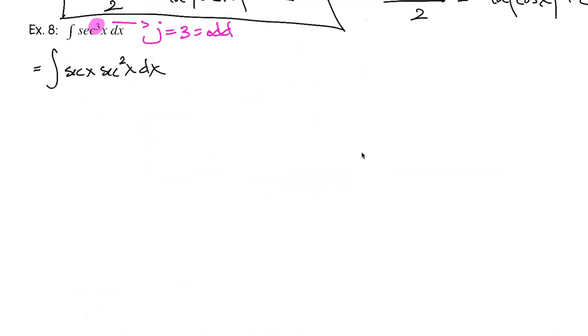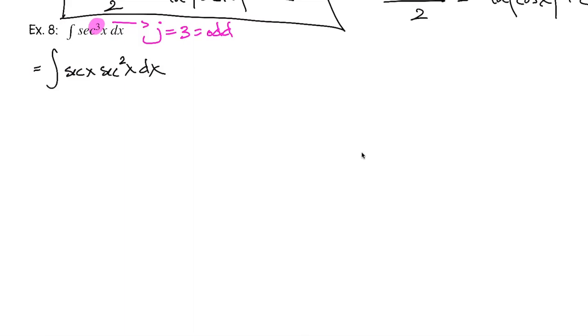Now there's no tangent here for us to substitute because this is a special case where the power of tangent is 0. That's why we're not using the secant squared minus 1 part, okay? But the idea of integration by parts here is still valid.